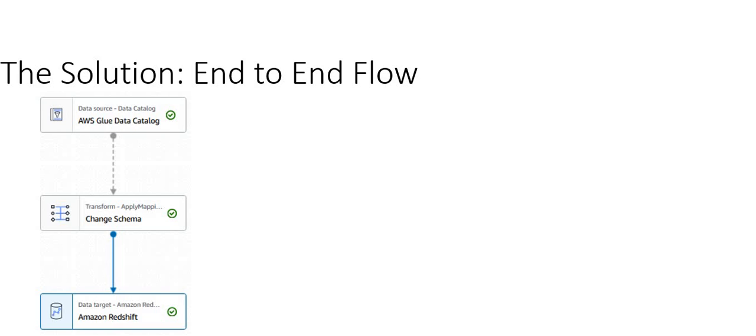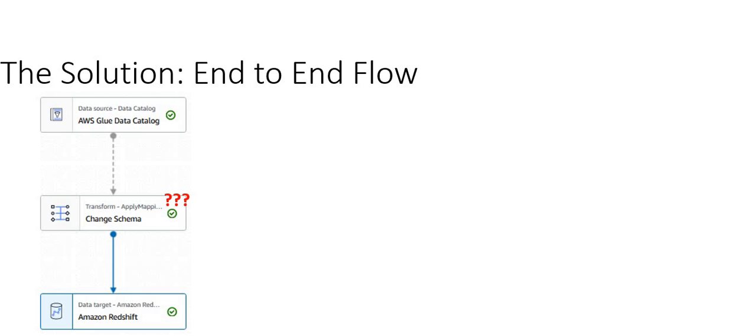Now you might be wondering, it should be pretty much read the data and do the merging in the target. What is this change schema doing here? Why did I introduce a change schema? Well, you don't need change schema if you are creating a custom merge statement. If you're writing a custom merge SQL statement, then you don't need change schema.